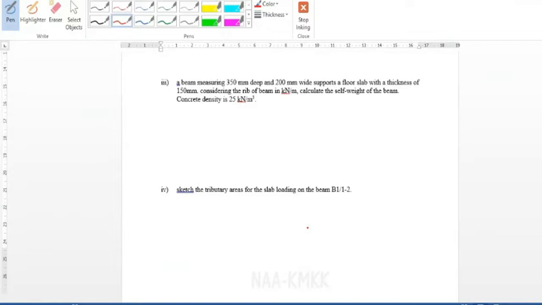So as we know before, how do we find the self weight? Say this one is a beam. Here we have the width, here we have the depth. Self weight is the same as the self weight of the brick wall.